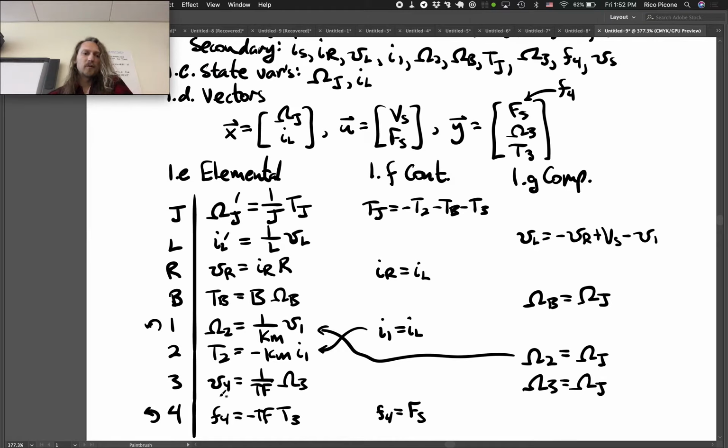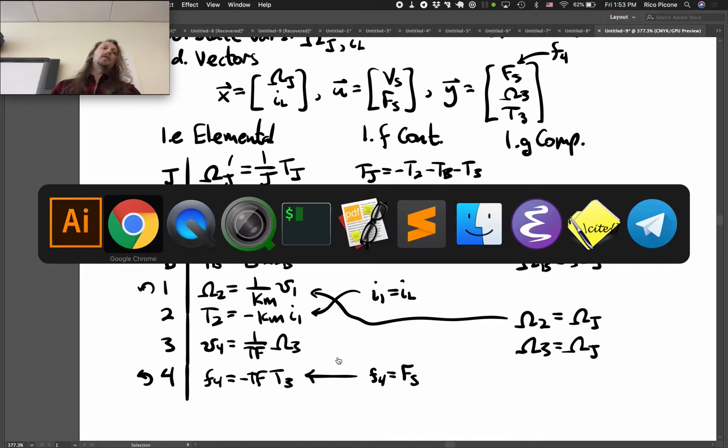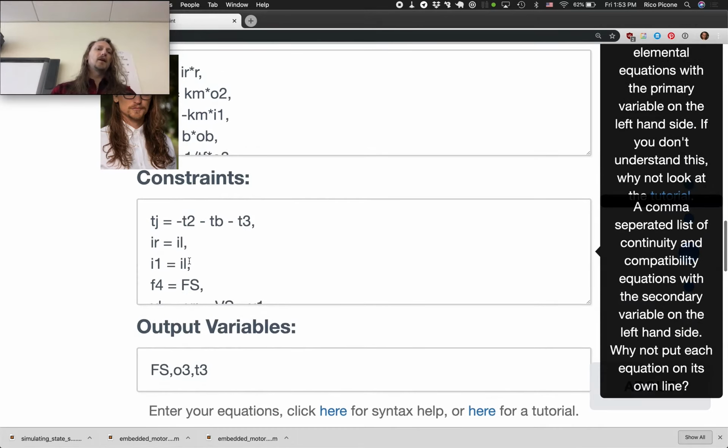Now, the reason that's important, when we went to do this substitution here, F4 shows up on the left-hand side. When you're doing it by hand, you'd just think, okay, the secondary variable is on the left-hand side, no big deal. The computer, though, even the Python script in the background, doesn't know. It actually deduces what the primary and secondary variables are from your list.